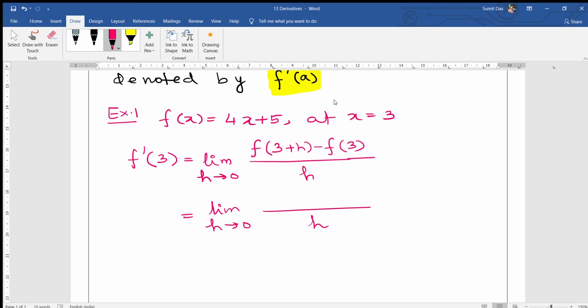Instead of x, we have to replace 3 plus h. So it will be 4 times 3 plus h, plus 5. So this is f of 3 plus h, right?